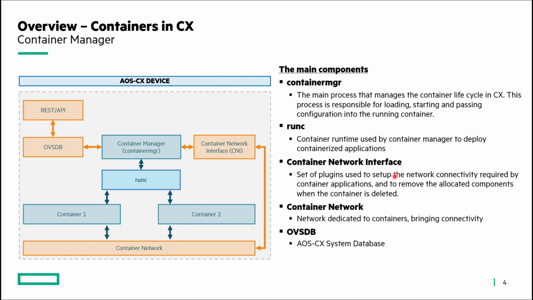This defines a set of specifications and libraries for network connectivity and ensures that containers can communicate with each other and with other resources, providing consistent and reliable networking. And the container network is the network dedicated to containers, bringing the connectivity both internally and externally. And finally is the OSDB, that is the AOS-CX system database.